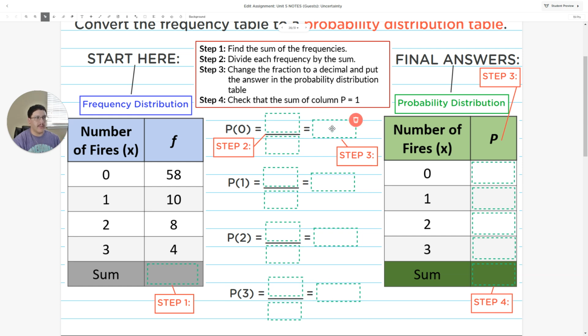And then give me your decimal answers in step 3. Change each fraction into a decimal, then type each decimal into the probability distribution table. Step 4, check yourself by adding all of the probabilities. If they equal 1, you did this correctly.